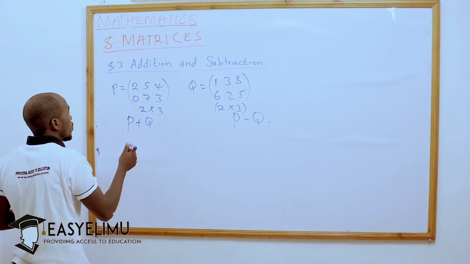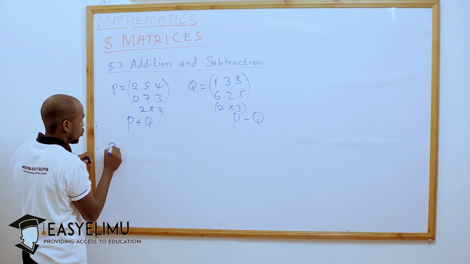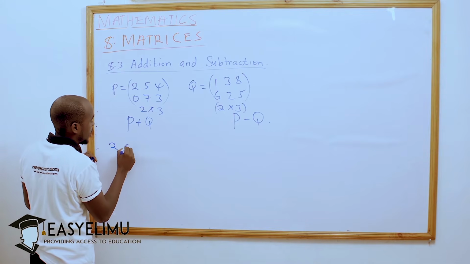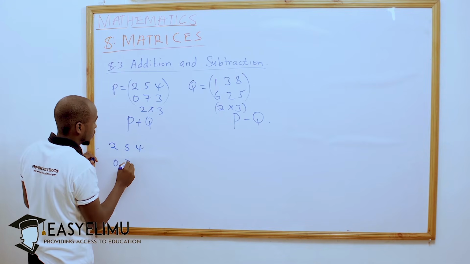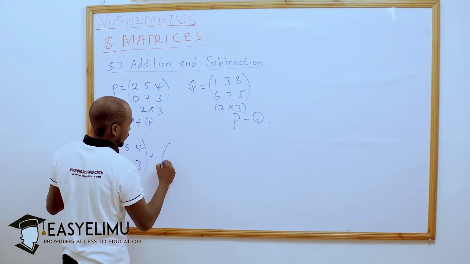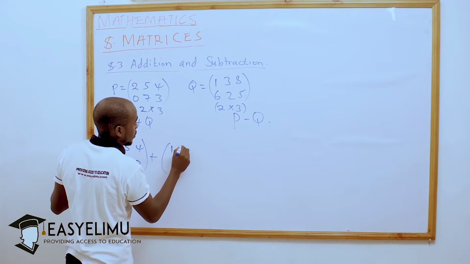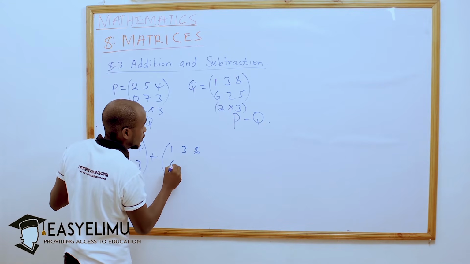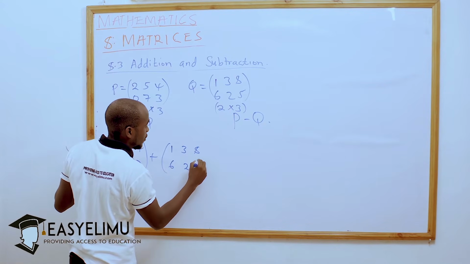So if we take 2, 5, 4, 0, 7, 3, we add it to 1, 3, 8, 6, 2, 5.